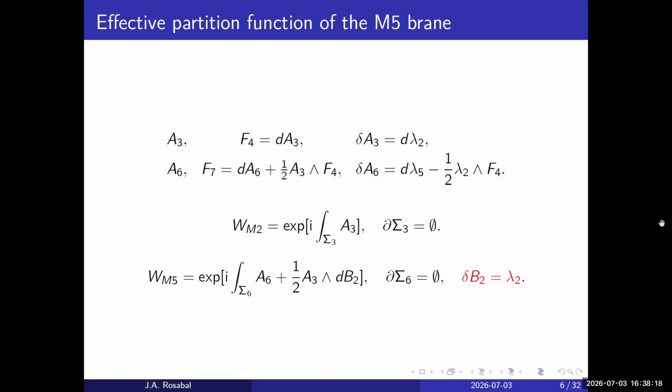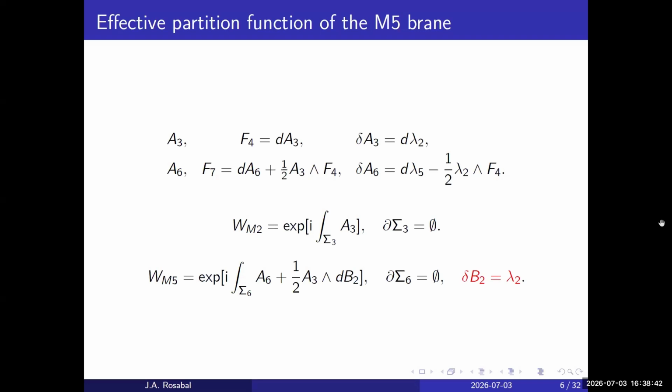This is electric, and this electric has an associated field strength and an associated gauge transformation. We also have an A6 potential, whose field strength is more complicated because it contains this extra Chern-Simons term, and it has a more complicated gauge transformation.